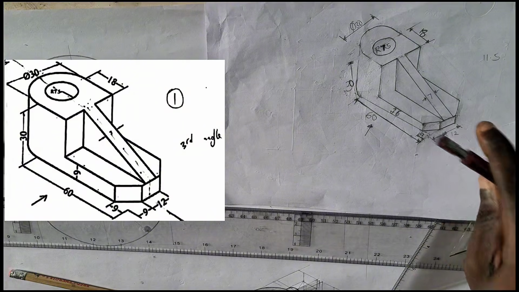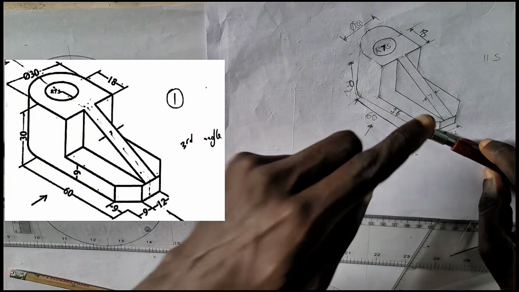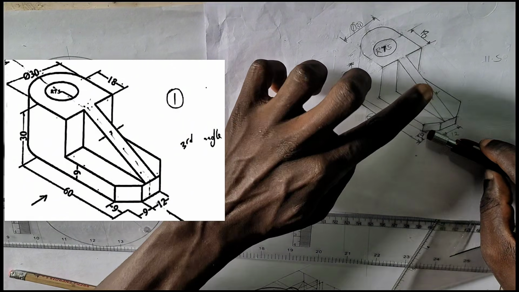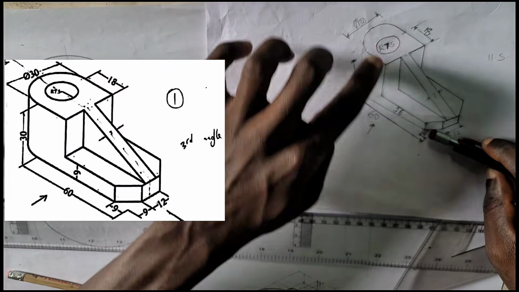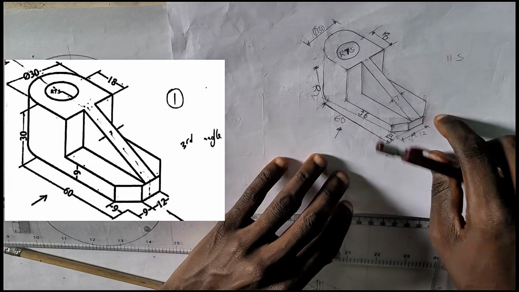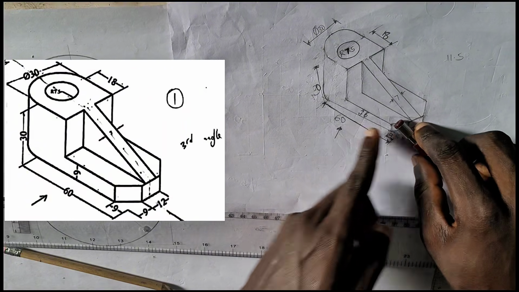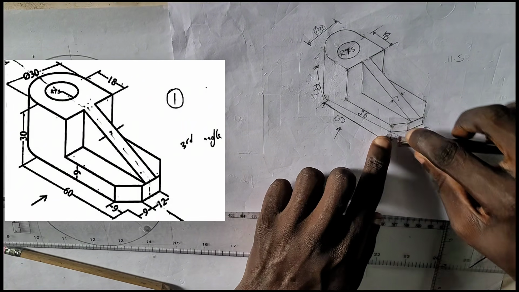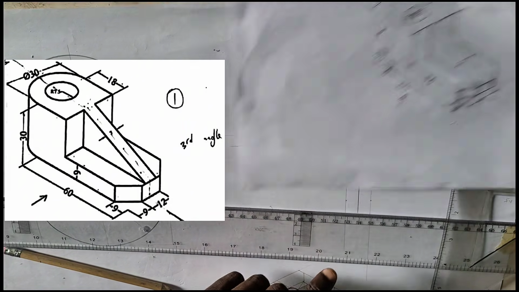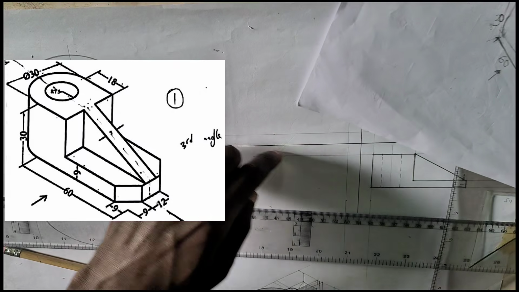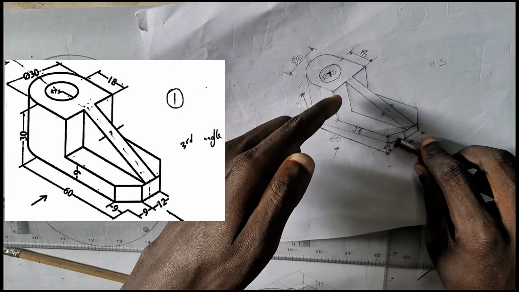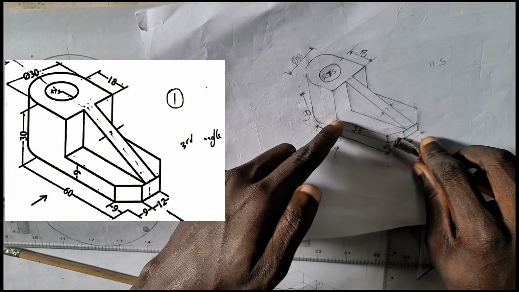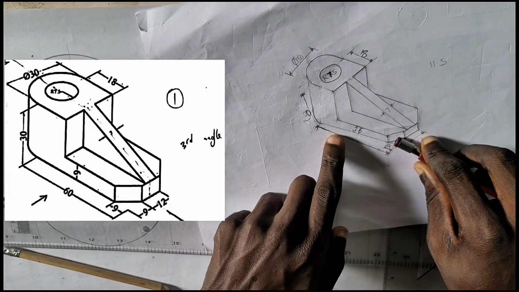So to do that, we need to know the total distance from the base here to the top, because from the base to the top is still the same thing as that 30 millimeters. Now the thickness first of all is 30, which means I will come here by 30. And then the height of everything from ear to ear, which is 24, and from here to here, which is 6.